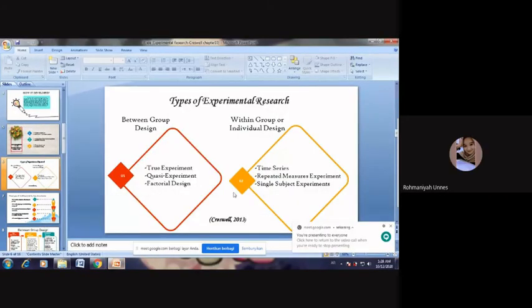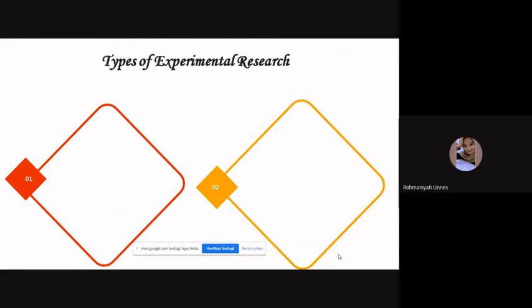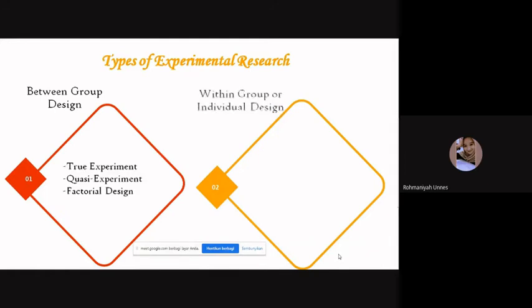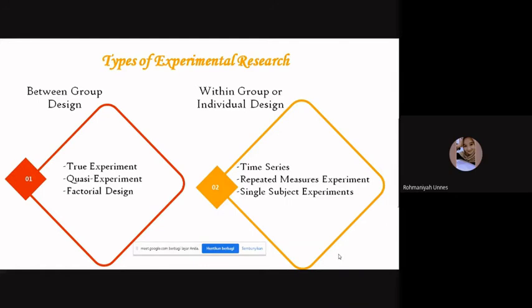Okay, now we come to the types of experimental research. There are two categories here. First is between group design, and second is within group or individual design. In between group design, there are three types. First is true experiment, second is quasi-experiment, and the last is factorial design.